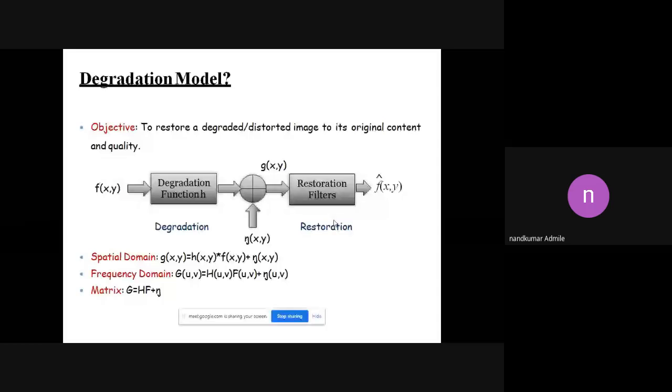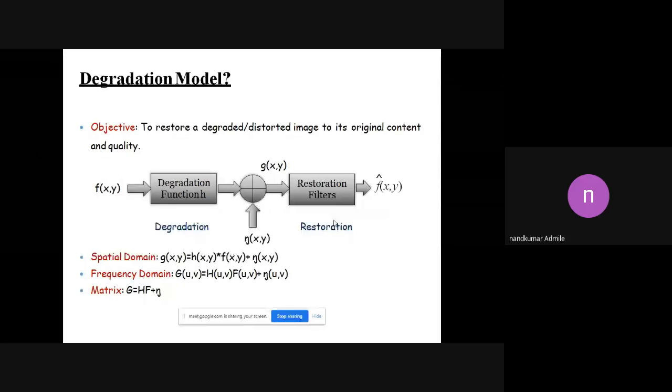If we observe the block diagram of the degradation model, it consists of the input image f(x,y), then the degradation function, then we apply a restoration filter.